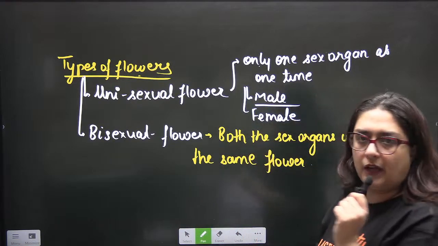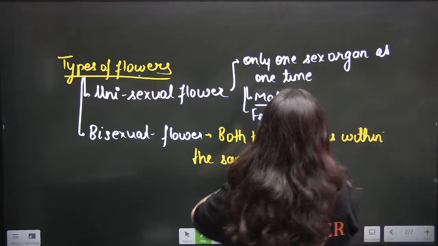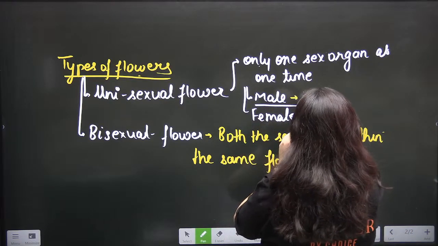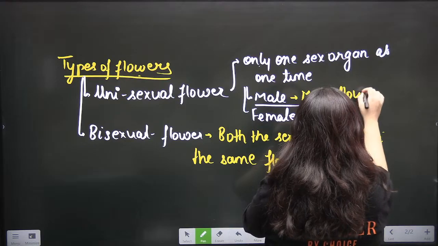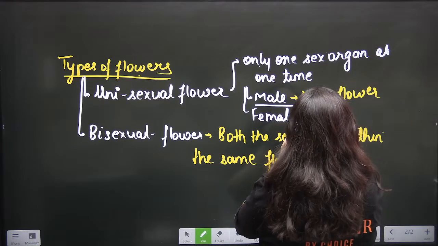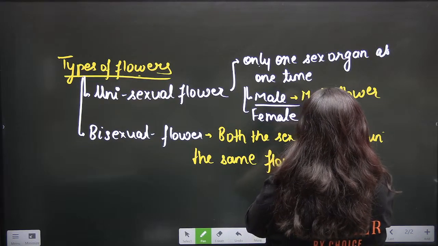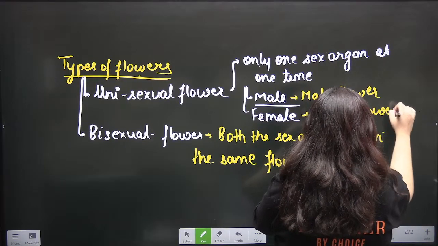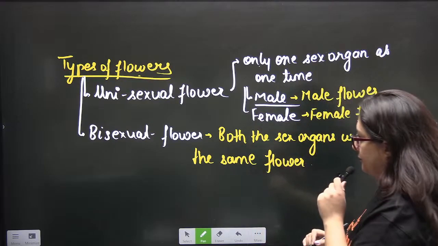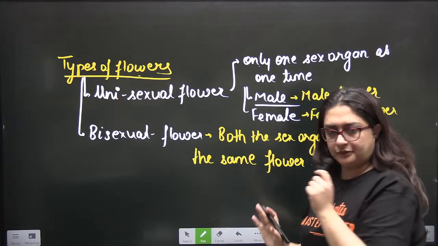So if only male sex organ is present, it is a male flower; if only female, it is a female flower. Is it clear?